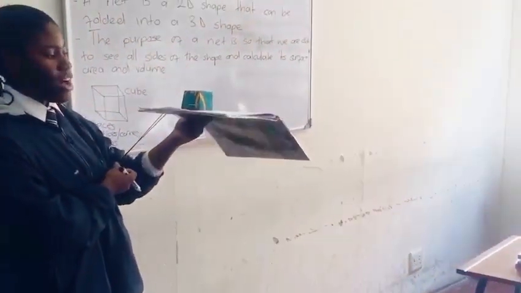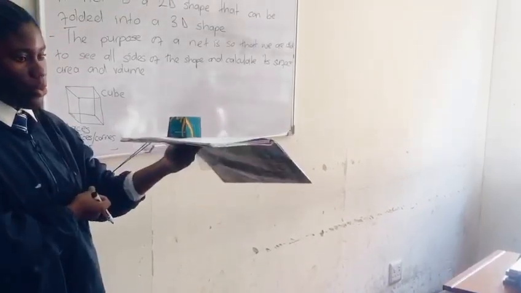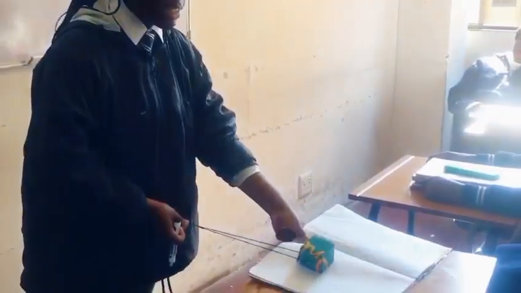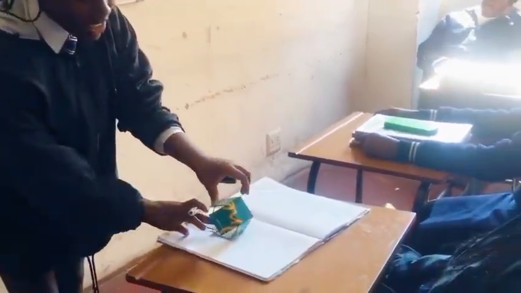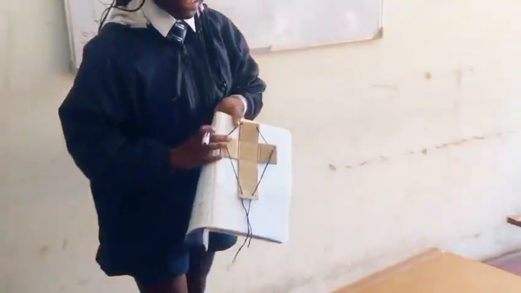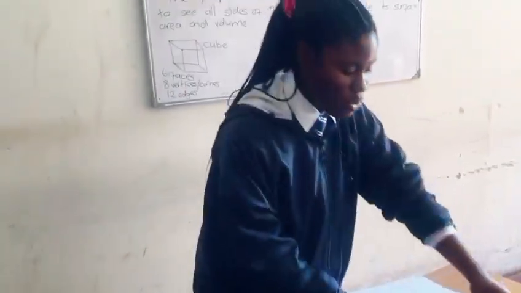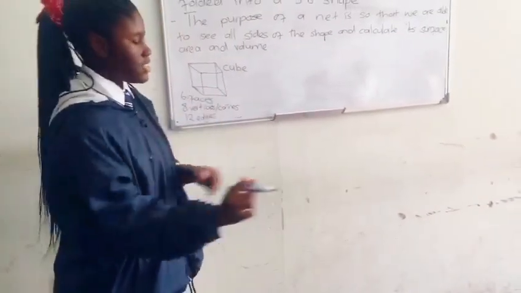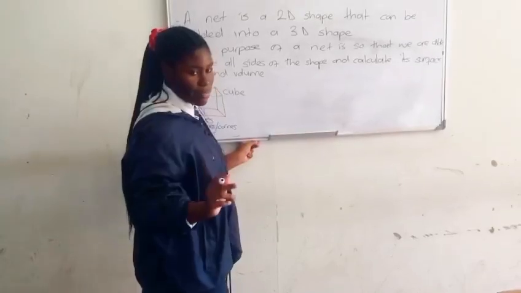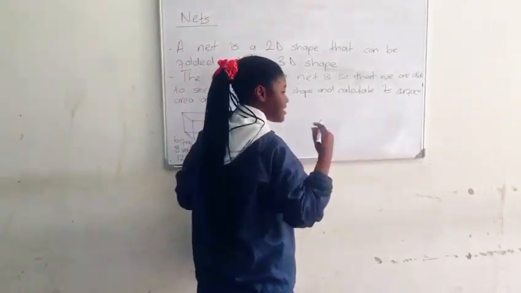But we can't work out its surface area if it's like this. We have to cut it through its edges. So you imagine cutting it at its edges, and now you can see all its sides, its faces. It has 6 faces, remember? So you are cutting it at its edges.